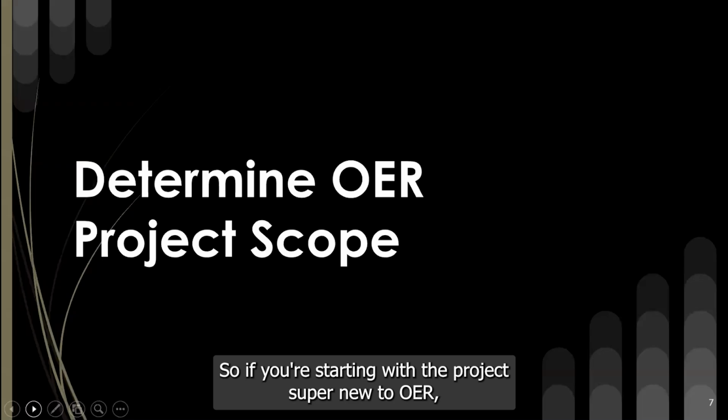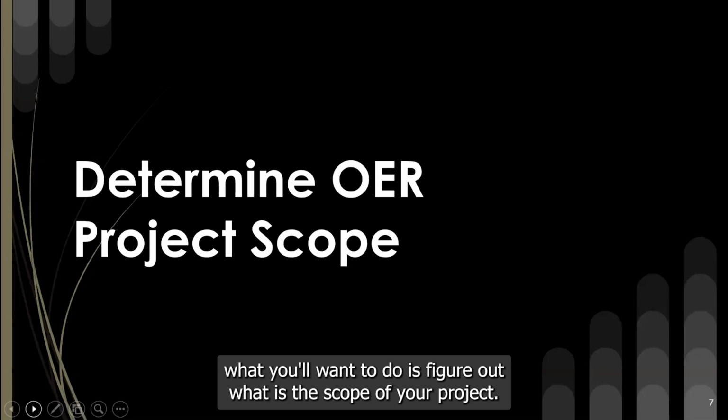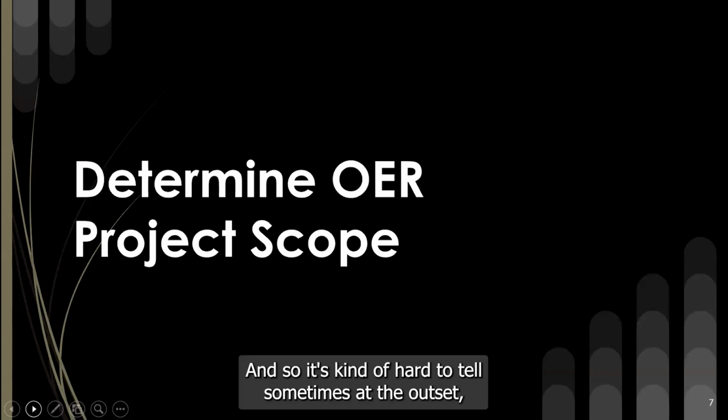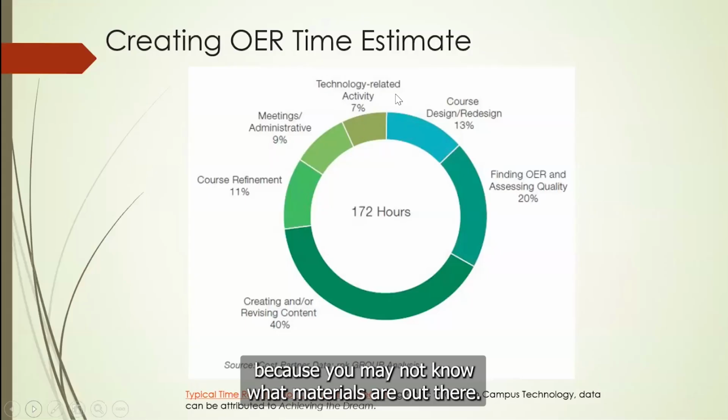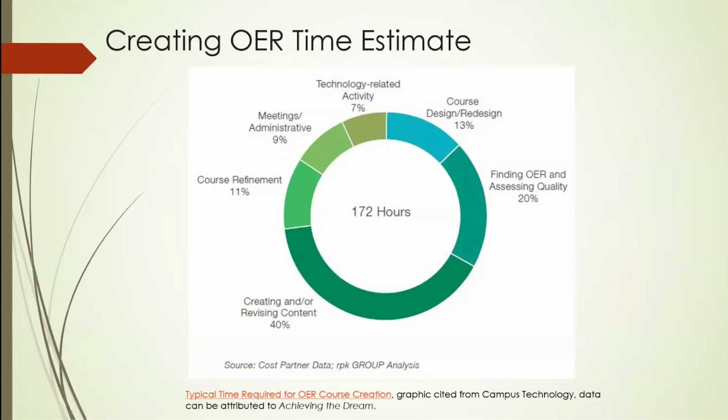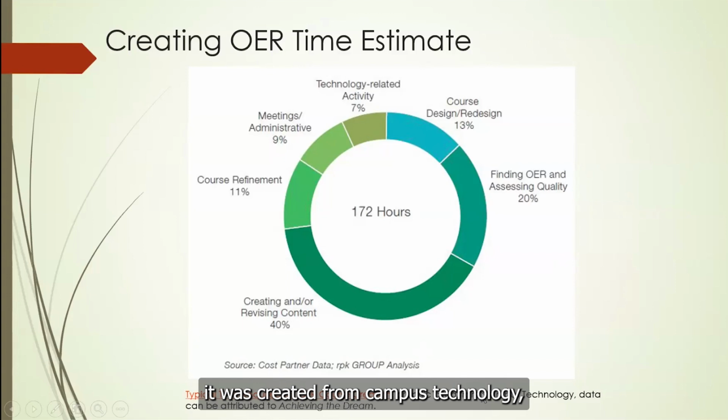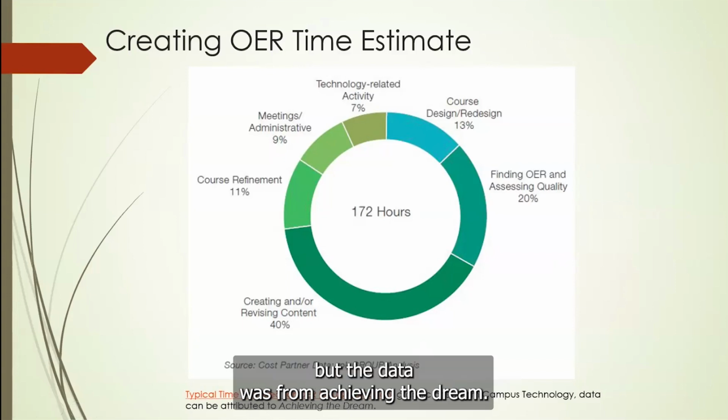If you're starting a project super new to OER, you'll want to figure out the scope of your project. It's hard to tell sometimes at the outset because you may not know what materials are out there. This graph was created by Campus Technology, but the data was from Achieving the Dream.